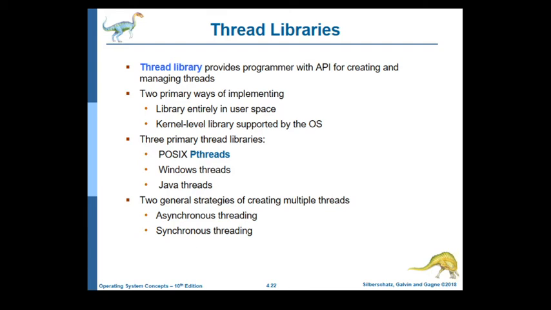For example, implementations of a JVM for the Windows OS might use the Windows API when creating Java threads, while Linux and Mac OS systems might use the Pthreads API.